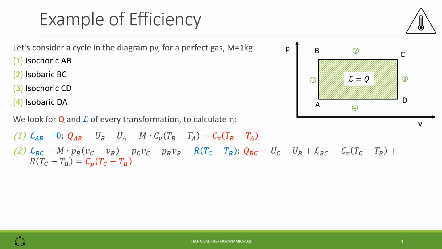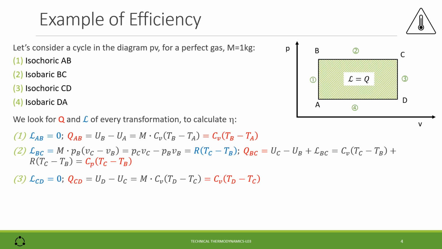The second transformation is isobaric. The work has this expression in blue, and the heat is the difference between the internal energies of the starting and final states plus the work, also assumes the expression in red.